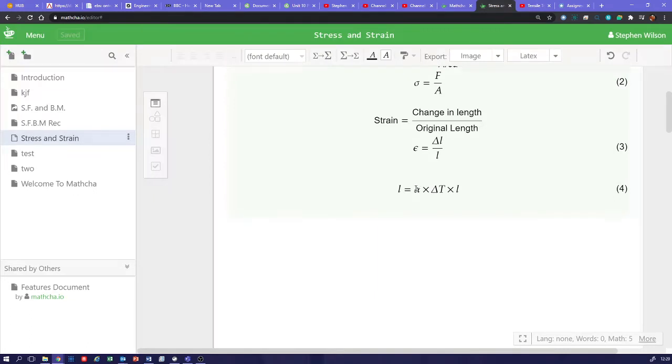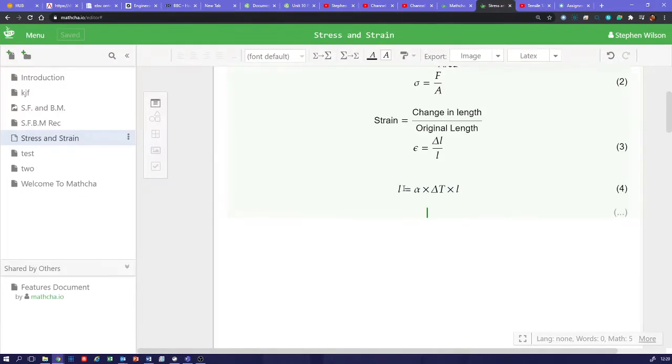So for each meter, the material might expand a millimeter for every degree of temperature. That's why we need the original length. We multiply this value by the change in temperature and our original length, because this value tells us how much things change for each degree per unit of original length.